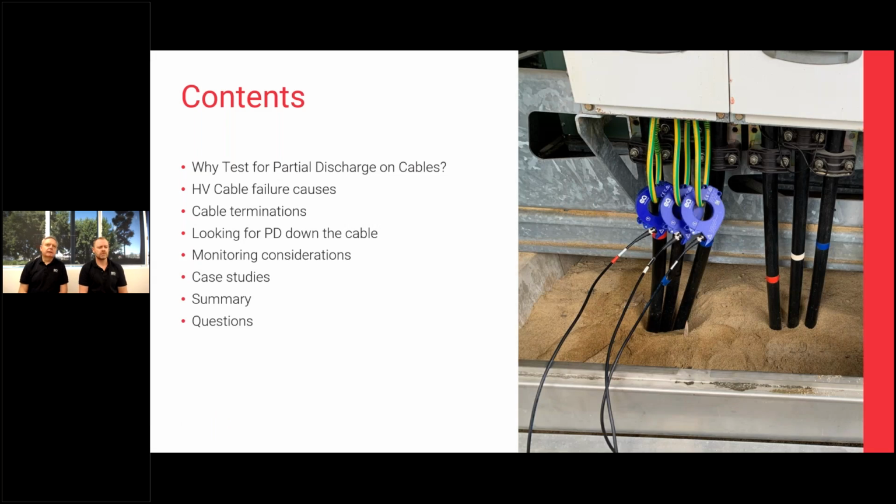Okay, so the contents today is we're going to very briefly cover why we're testing for PD on cables, and ask the why question. We'll very briefly also look at the causes of cable failures. Small section on cable terminations, but it's not where we're going to concentrate today. We're going to really concentrate on looking down the cable, how we can find discharge that's happening on the joints and the cable down the length of the cable.